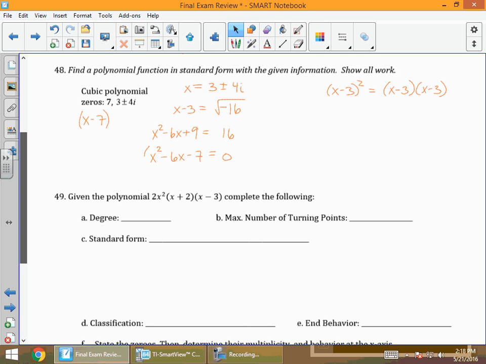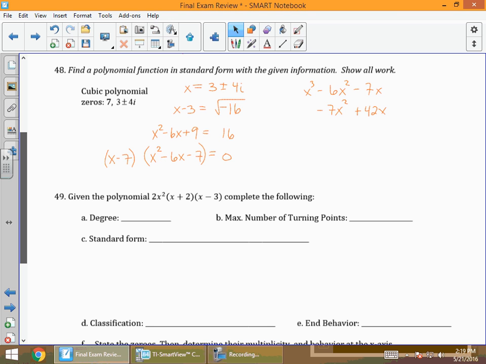So I'm going to take my x squared minus 6x minus 7 and my x minus 7, and I'm going to FOIL those two things together. So x times x squared is x cubed minus 6x squared minus 7x. And when I FOIL, the negative 7 times x squared is negative 7x squared. Negative 7 times negative 6 is 42x.